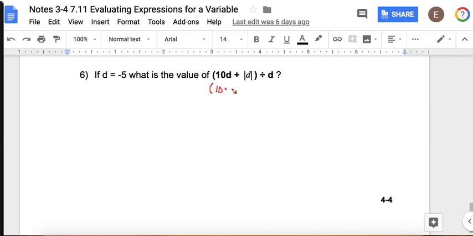So 10 times negative 5 plus absolute value of negative 5, close your parentheses, divided by negative 5. Now, I'm going to take care of grouping first. So inside my parentheses, I see that I have absolute value, so I'm going to take care of that first. The absolute value of negative 5 is positive 5 because it's 5 places away from 0.